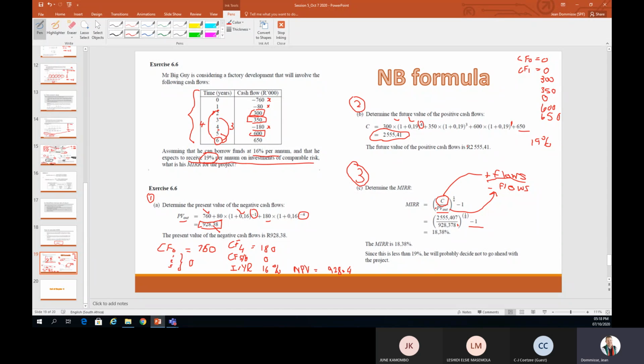okay, so I can't say net present value because I'm looking for future value. Okay, so is there a way I can get a future value from there? Not likely.